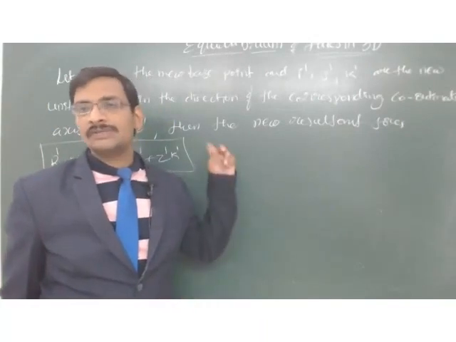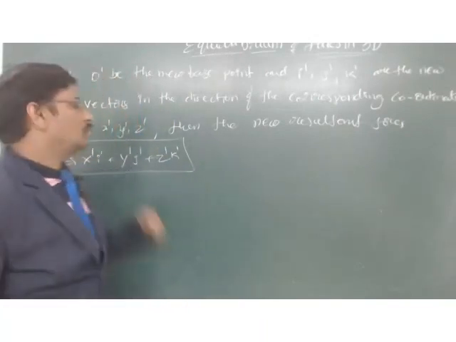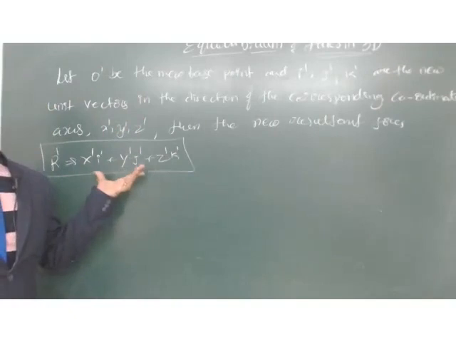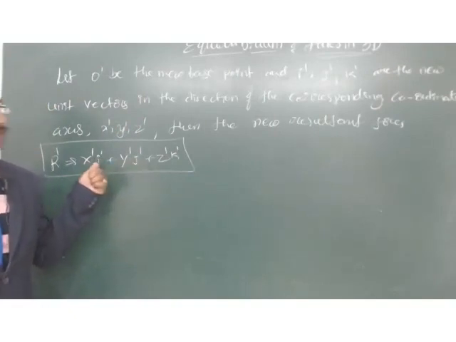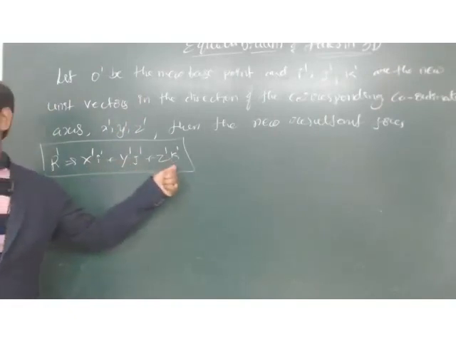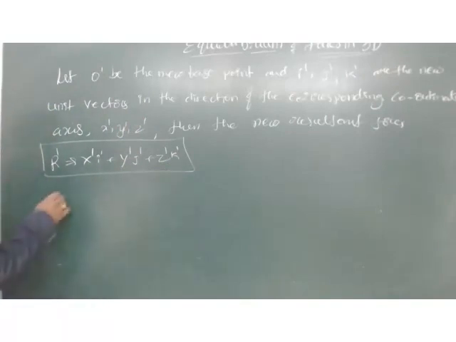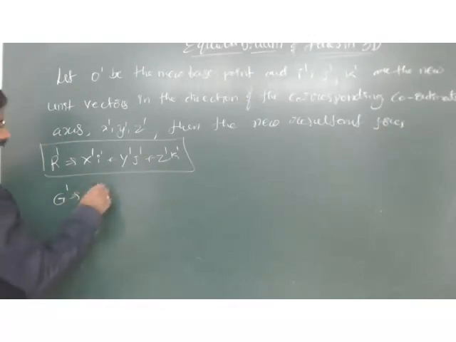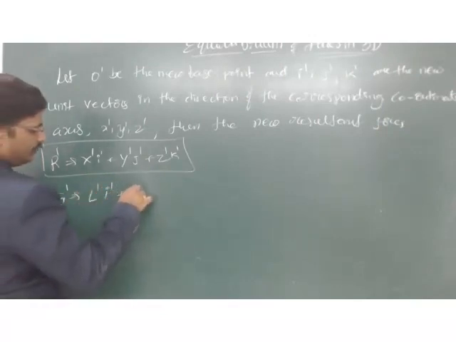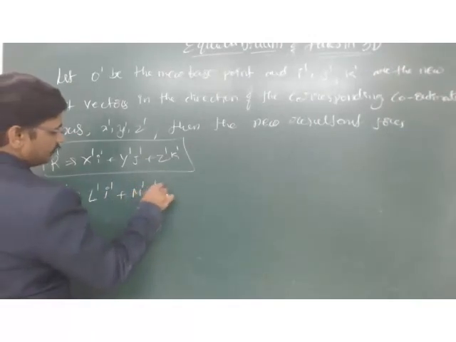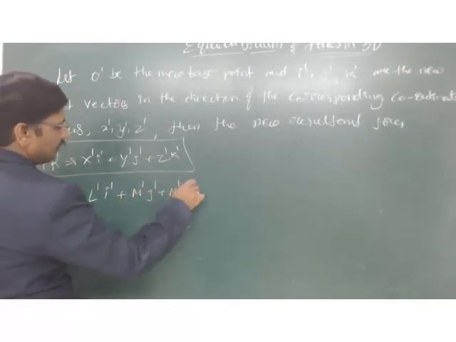That is also there in the problem statement. Hence, we have taken a random coordinate axis whose unit vectors are I dash, J dash and K dash. And similarly, G dash can be interpreted as L dash into I dash plus M dash into J dash plus N dash into K dash.